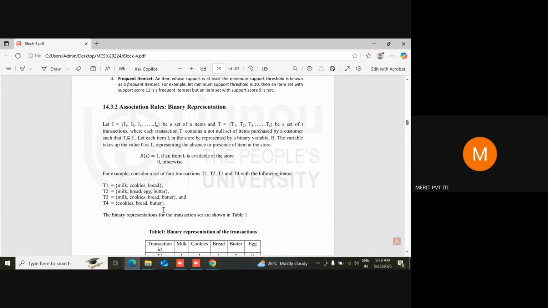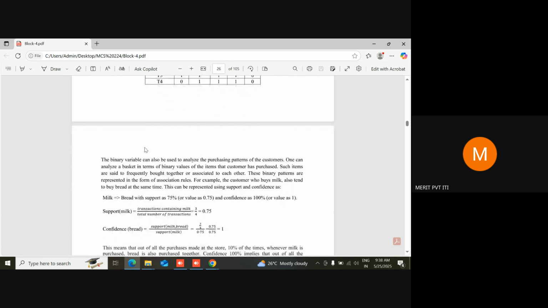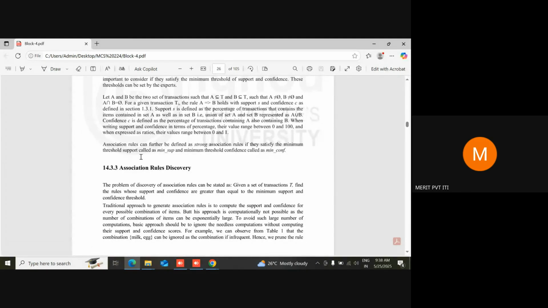So the binary representation has these transactions T1, T2, T3, T4. Milk is 1, this is there, that is there. So you can see the binary representation of the transactions where T1, T2, T3, T4 are given here. Similarly, support of milk, confidence of bread, and so on. So you can see these are the fine ways of doing this.